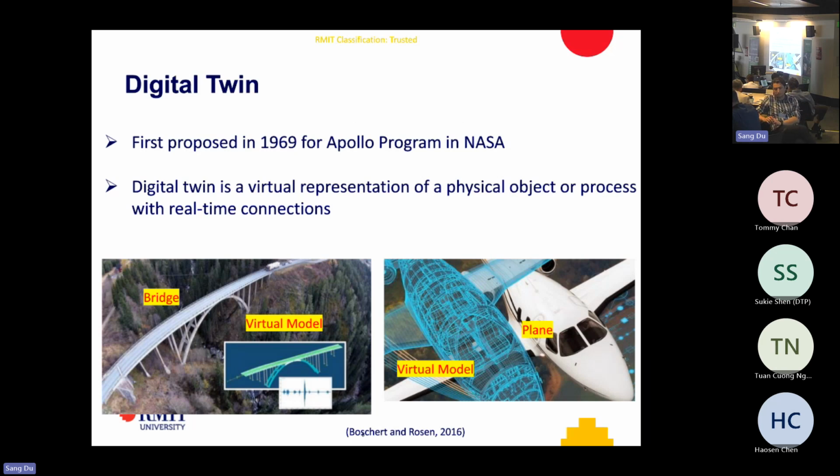Around 1969, they started to develop this concept of digital twin to create a digital model of a physical structure which is live. So whatever happens to the physical structure, you can see the reflection in the digital model. This is what we call digital twin.